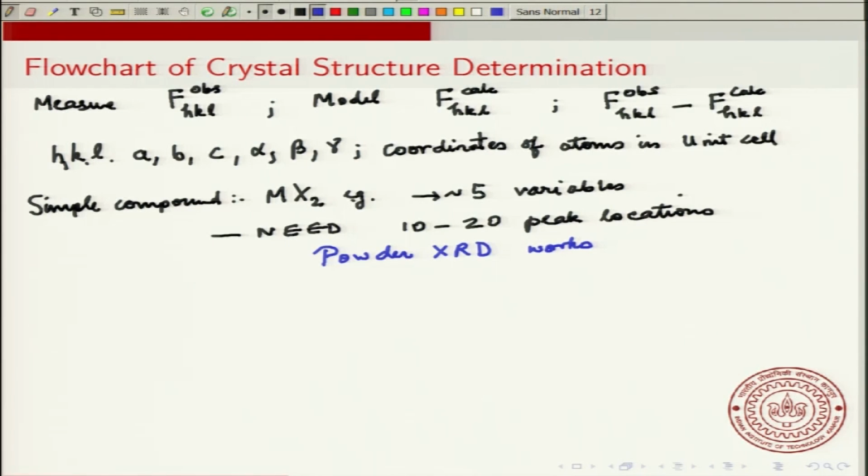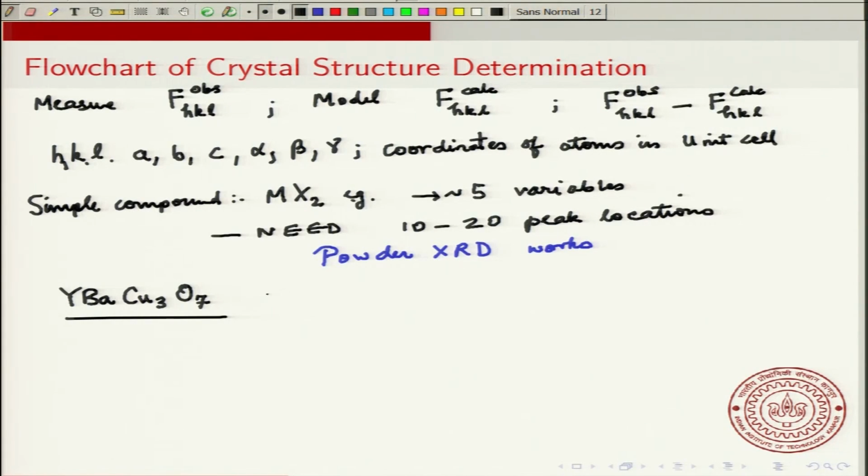Now, on the other hand, if you have a more complicated compound, for example, let us say you have something like YBa2Cu3O7. Now, this is a perovskite structure. It's actually a distorted perovskite.